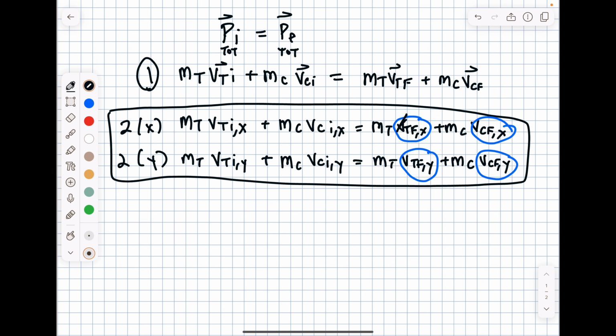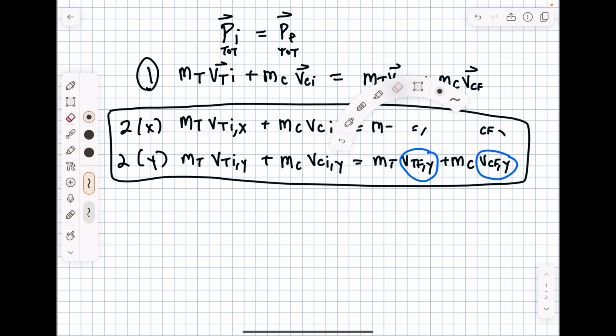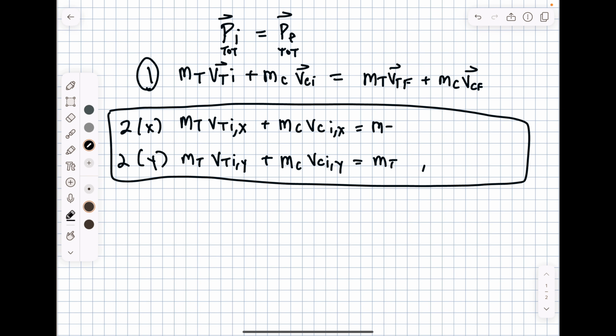So we can actually erase all of this here. Okay. And that's going to really reduce some complexity in the problem. We're going to have mass of the truck plus mass of the car times their final velocity in the x. Mass of the truck plus mass of the car equals their final velocity in the y, right? So that takes away two unknowns, essentially.